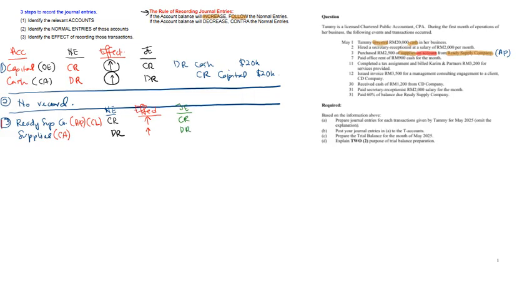And for us to record it, we will put there the date, May 3rd, and then debit. Always start with debit, supplies, the amount of 2,500, and then credit the account payable.